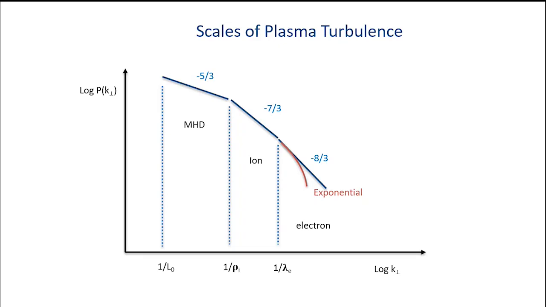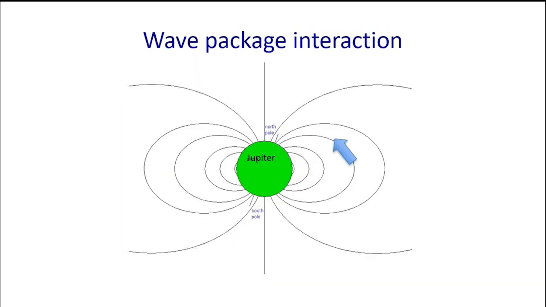Very often a kinetic Alfvén wave cascade is observed, for example in the solar wind, with a spectral index of -7/3. And then if we come to electron scales, that's either the electron inertial length scale or the electron gyro radius, electron kinetic effects set in, and we can have another cascade, or we can have exponential damping.